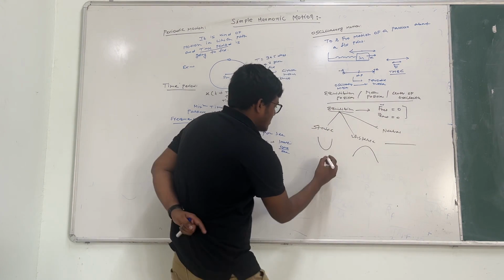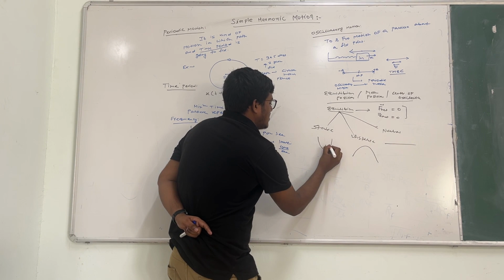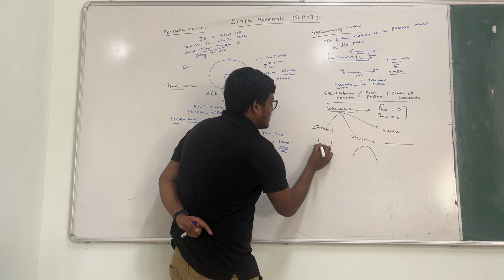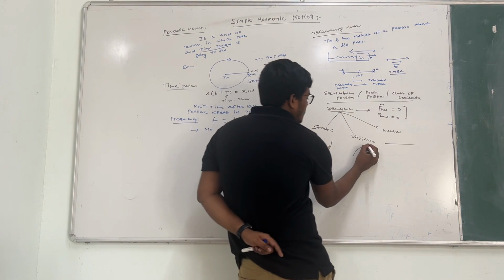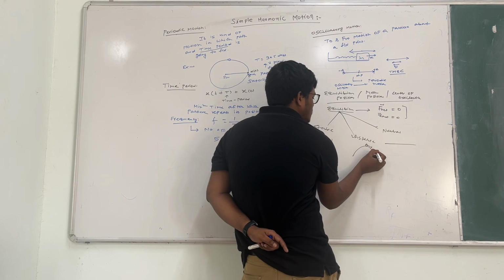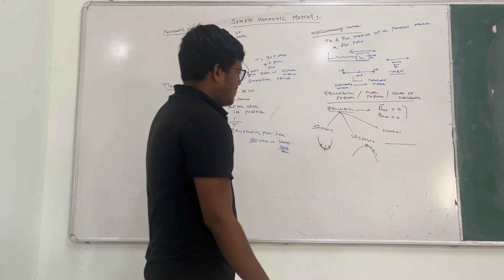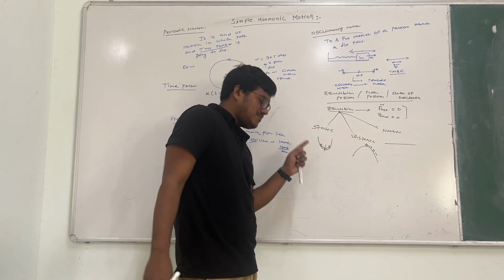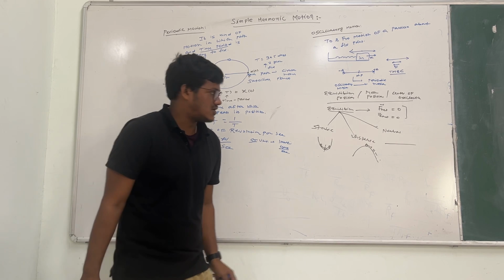See, if the particle is there and you displace it a little bit from here, the particle is going to come back and start performing oscillating motion. But in the unstable case, if I displace the particle, it is not going to come back, so this is not oscillating motion. In oscillating motion, the particle should repeat its position, so it has to come towards the mean position.